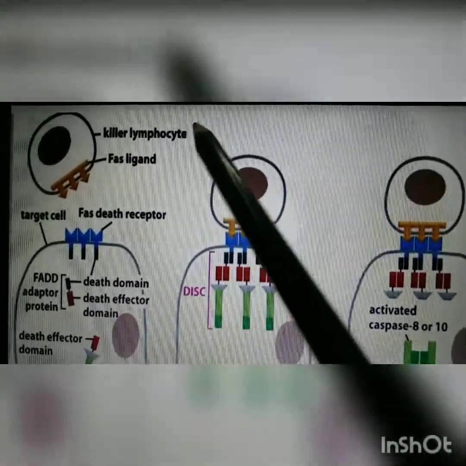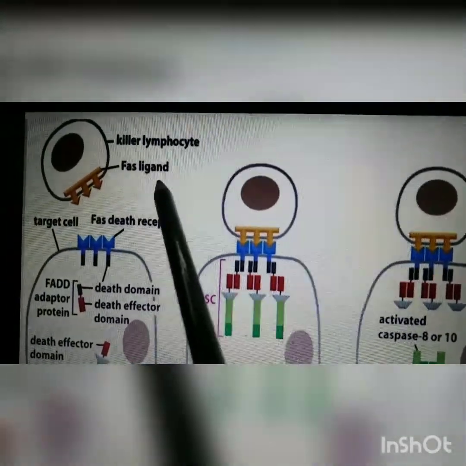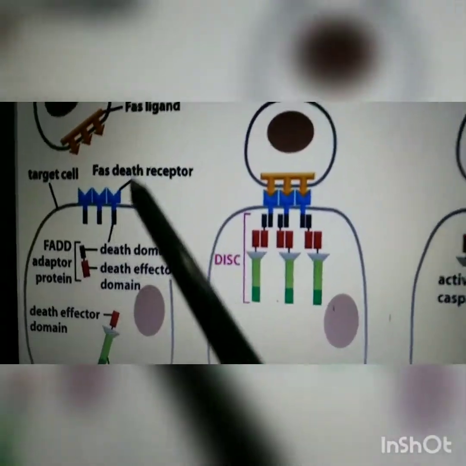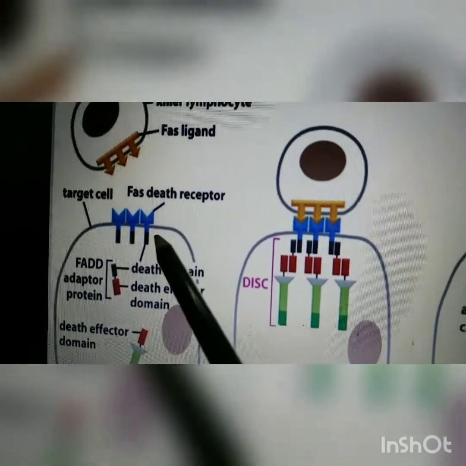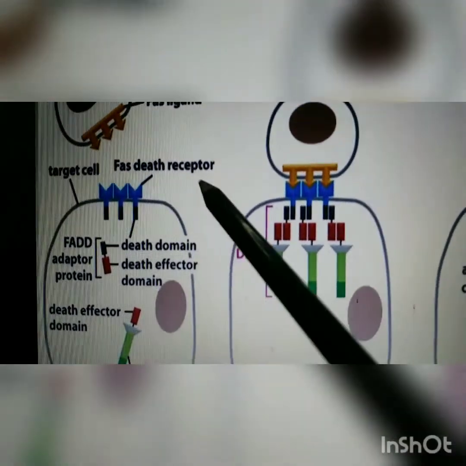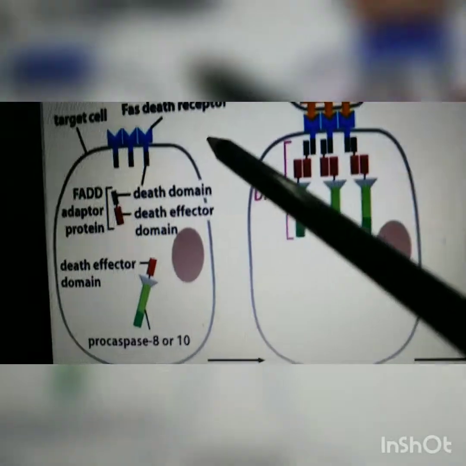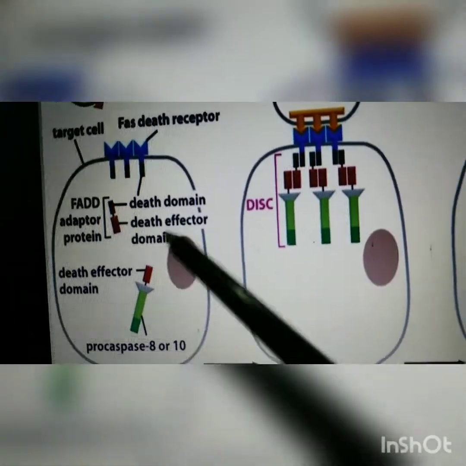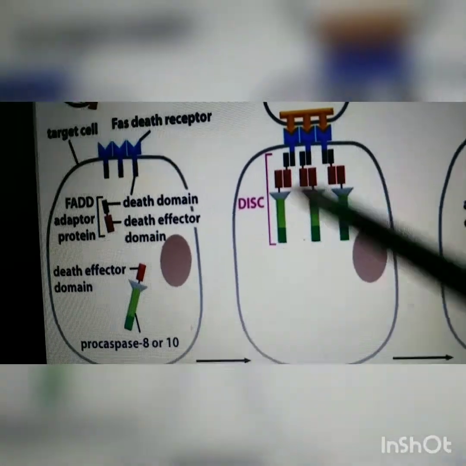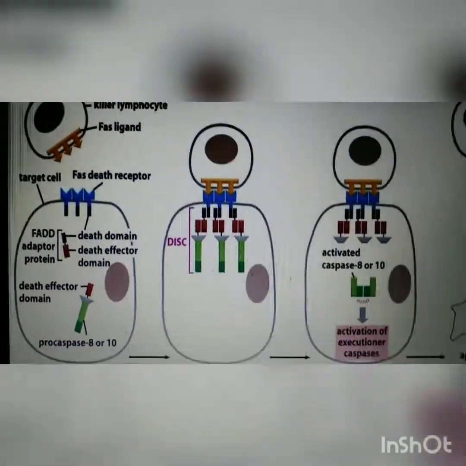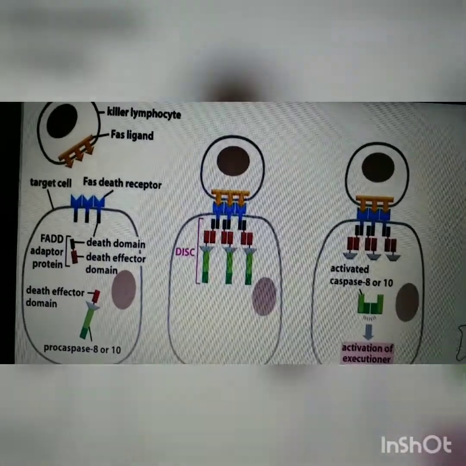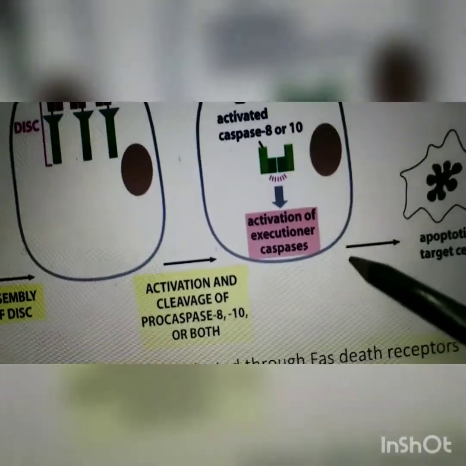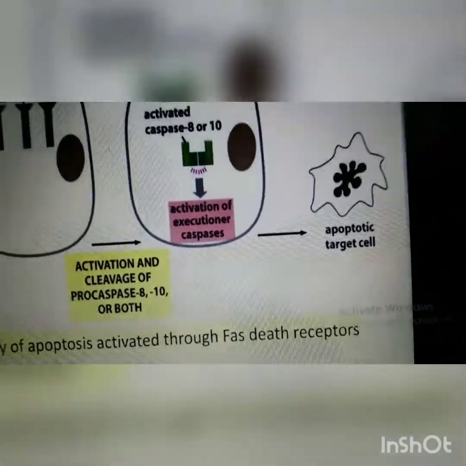As I already told you, instead of tumor necrosis factor 1, we have the Fas ligand, and these Fas ligands react with the Fas death receptors, and we have the FADD adapter protein, which has the death domain and death effector domain, and it results in procaspase 8, and that results in downstream activation of procaspase 3, which results in apoptosis.